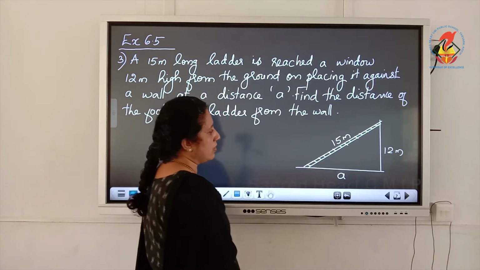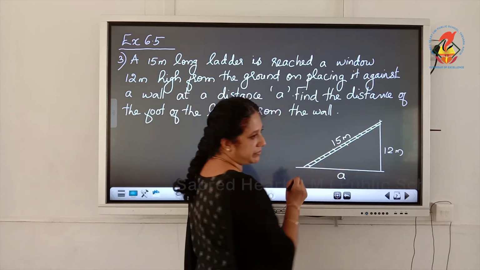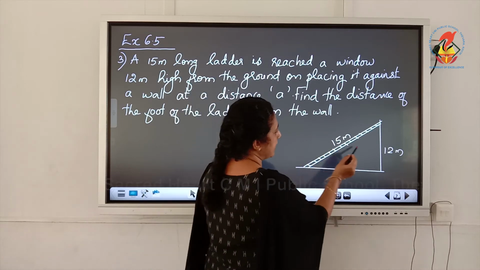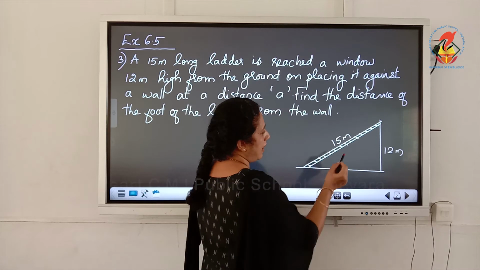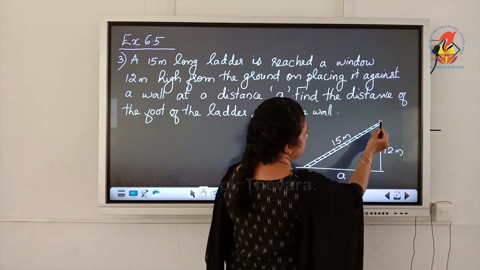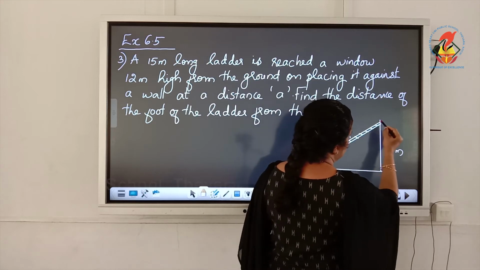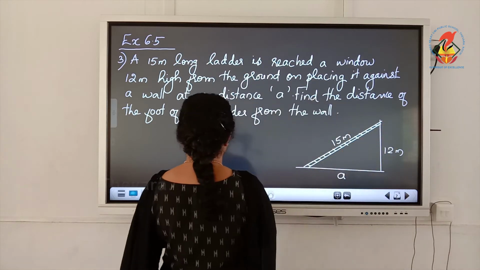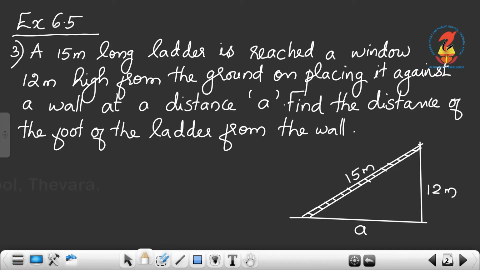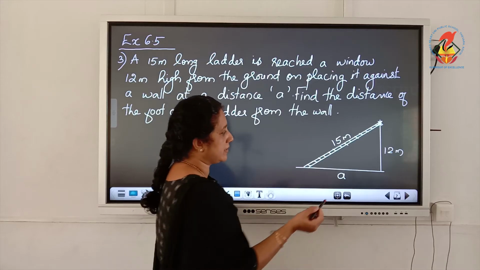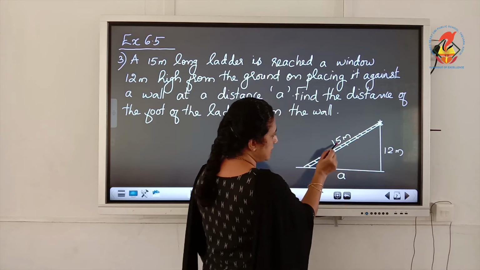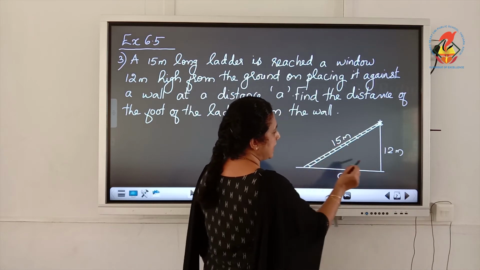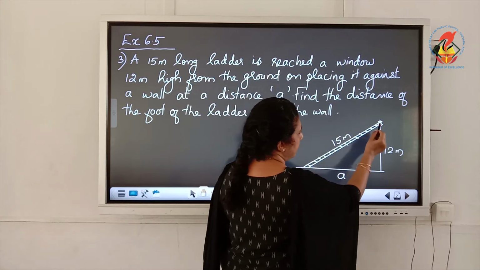The length of the ladder is 15 meters and the ladder is placed against a wall, and the top of the ladder reached a window.